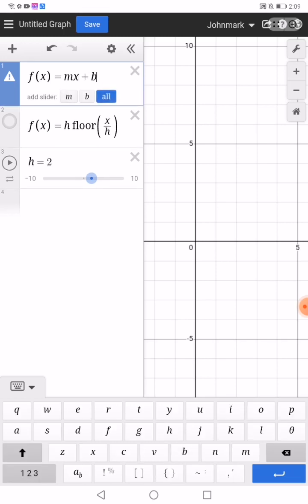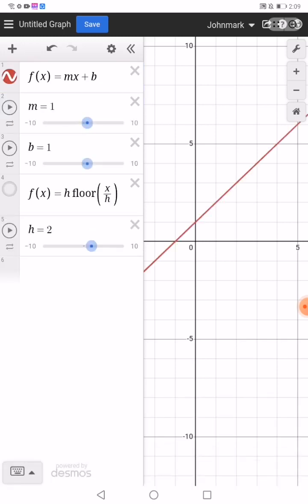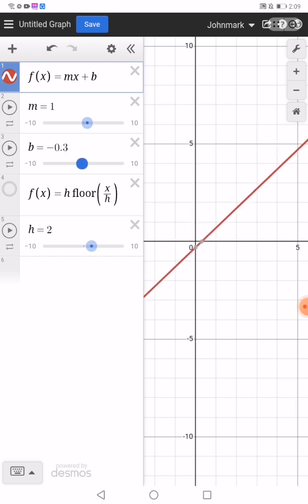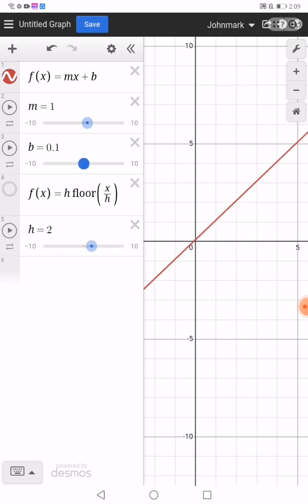So we have y = mx + b. We'll make a slider for both of these, and we can see the slope is 1 and the y-intercept is also 1. So we can see we have (0, 1) as the y-intercept. We'll try to change this one to 0 so that we can have it on the center.